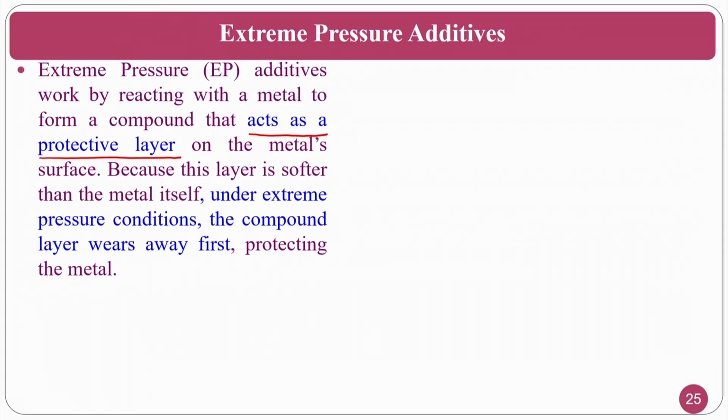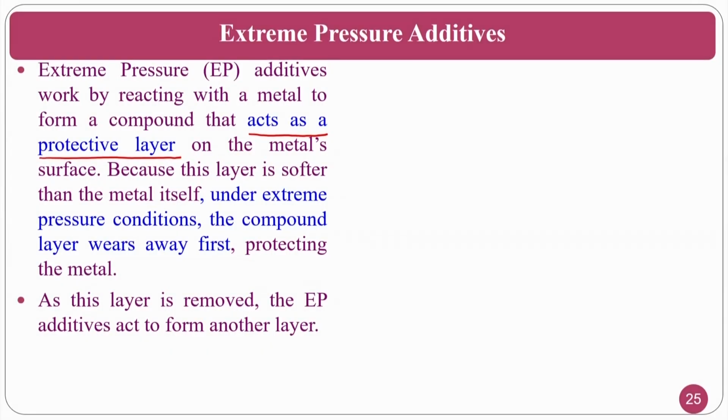Assume that the grinding process is going on. Whenever you send extreme pressure additives, they will form a layer on the workpiece. Even though the machining is taking place, first this layer goes off and it will protect the workpiece.